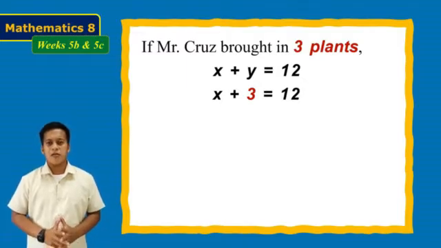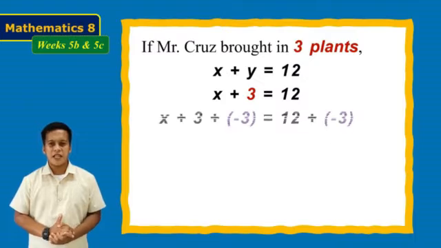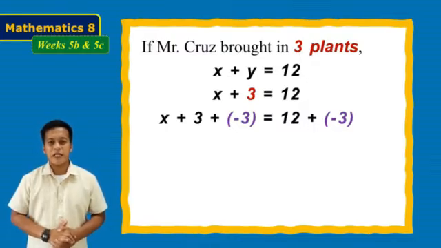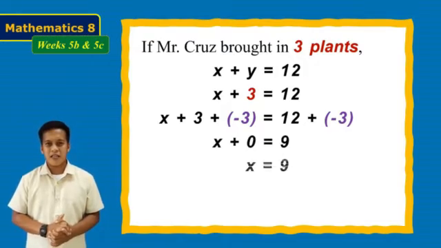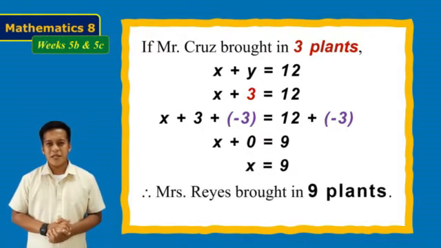By APE, or addition property of equality, X plus 3 plus negative 3 equals 12 plus negative 3. By simplifying, X plus 0 equals 9. X is equal to 9. Therefore, Mrs. Reyes brought in 9 plants.